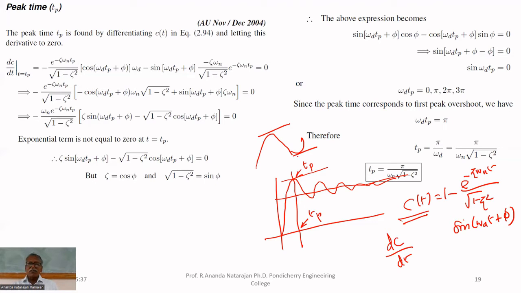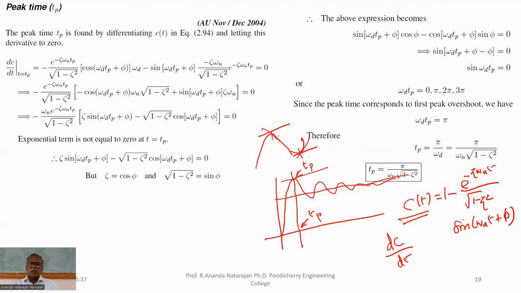If the second derivative is negative, then it is maximum. At a minimum you get positive slope, because after that it will increase. Here, after that it will decrease, that's why you get negative slope. So the second derivative becomes negative at this point.